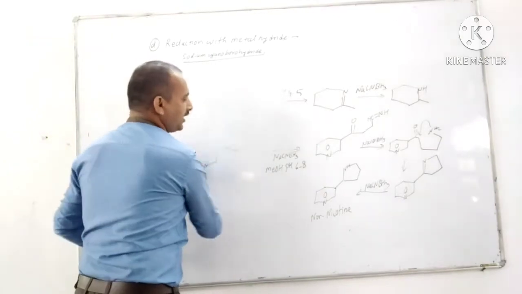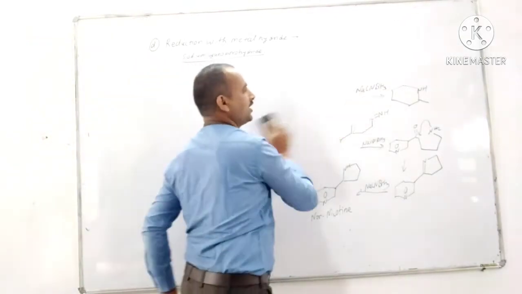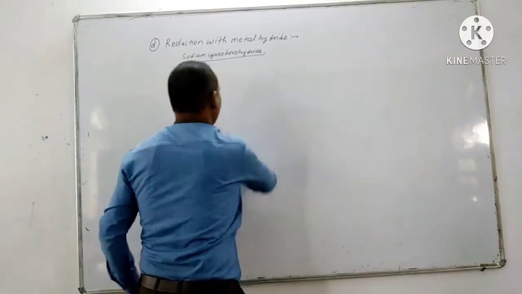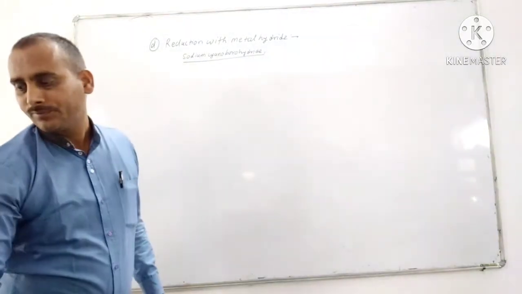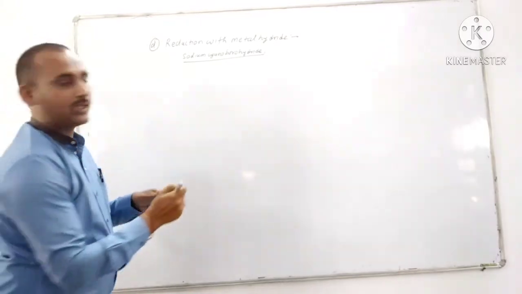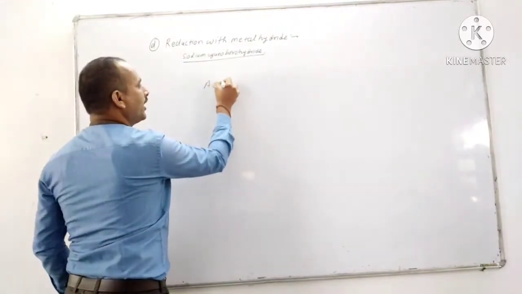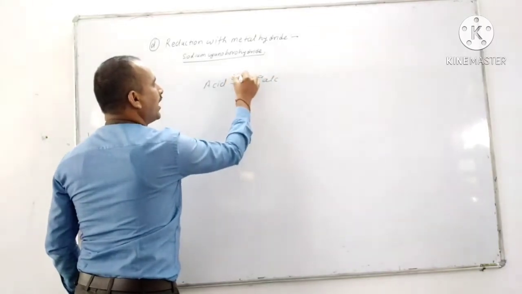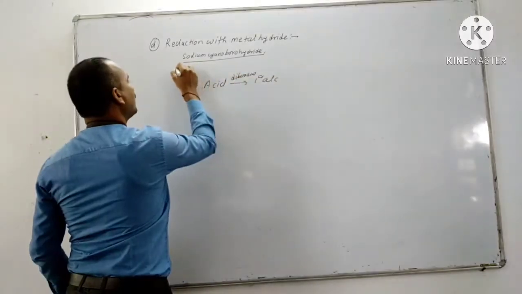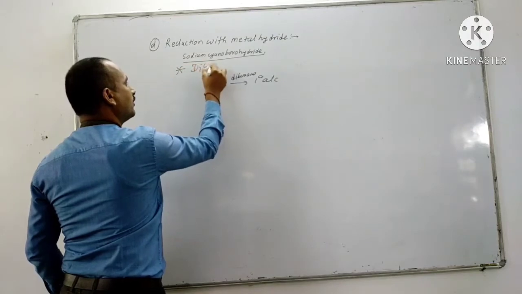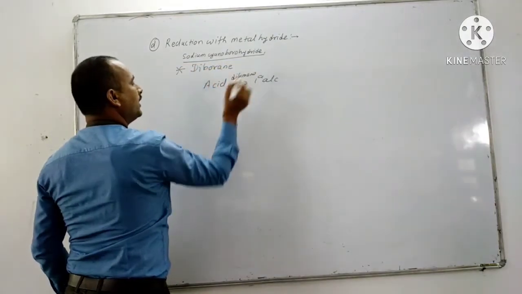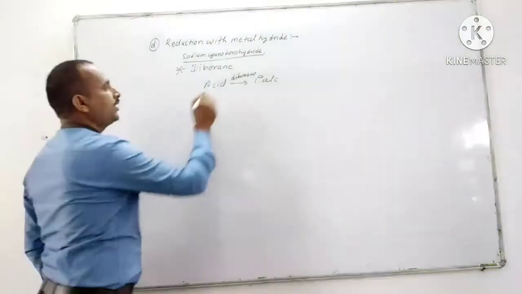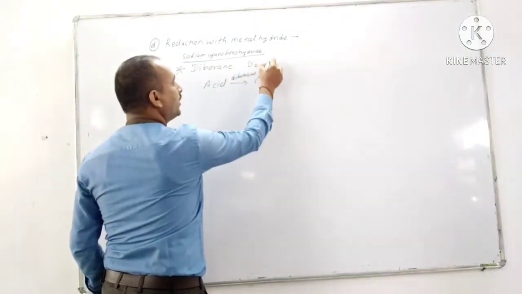Let's see another reducing agent, that is diborane. So diborane is selectively used for the reduction of carboxylic acid in presence of ester. It is selective for the reduction of acid to primary alcohol. Diborane, that is B2H6.